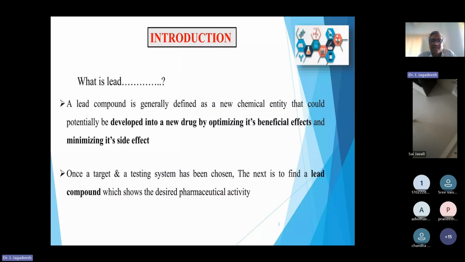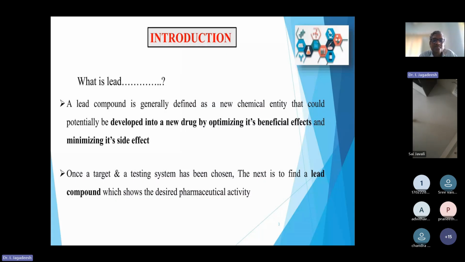Whenever we are calling it a chemical, not a drug, we don't have any idea of the toxicity, and we don't have any idea of its beneficial effects also. It means efficacy and toxicity, we don't have much guarantee on functioning. But that can be developed into a new drug. This NCE will become a new drug by optimizing the beneficial effects and minimizing the side effects.